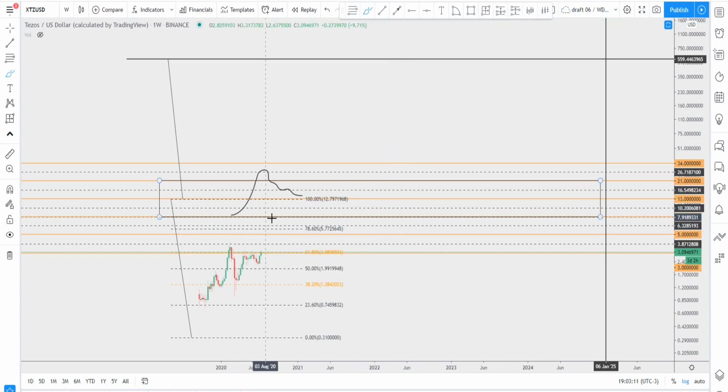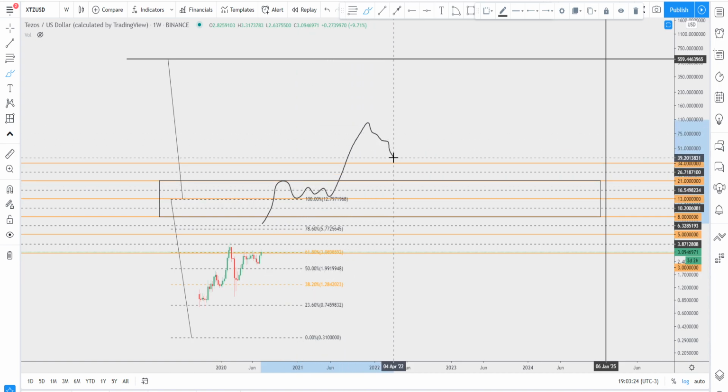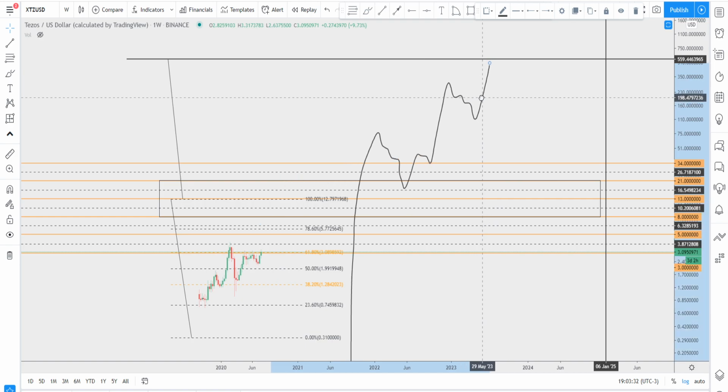So this is one of the reasons this range right here can play out, our battle of midway, before later bullish continuation, and then bang.